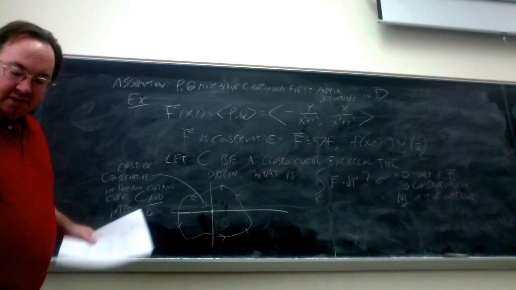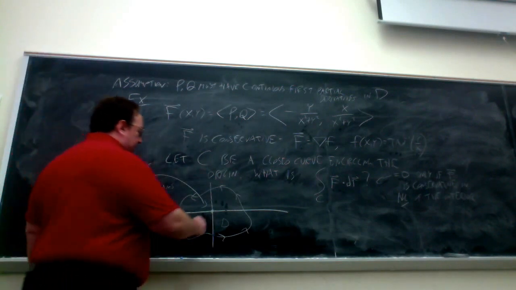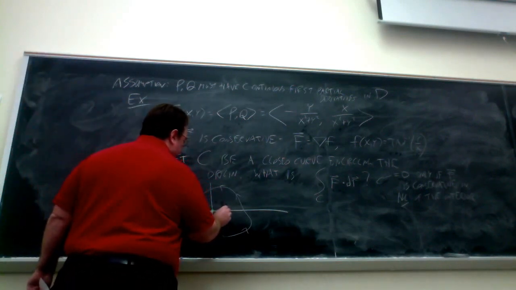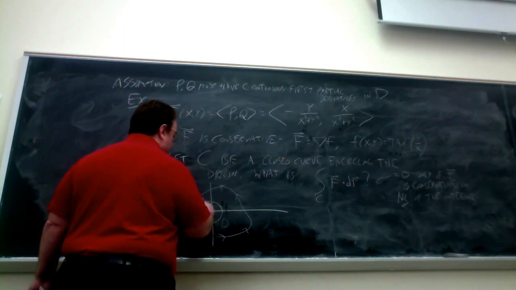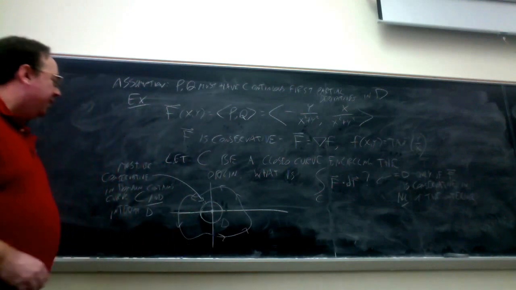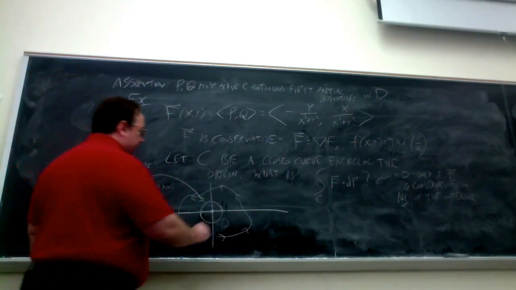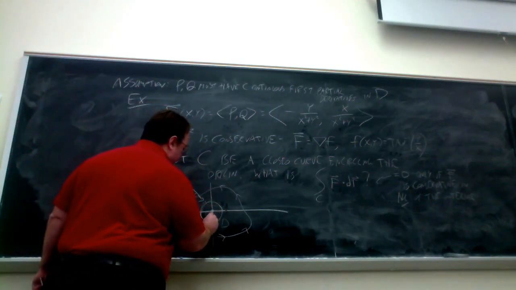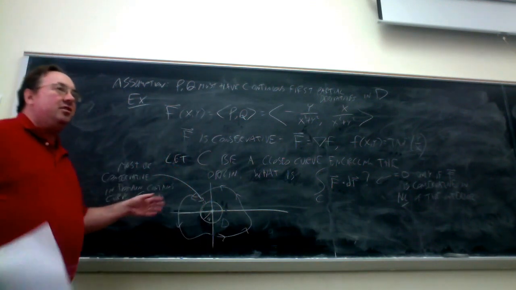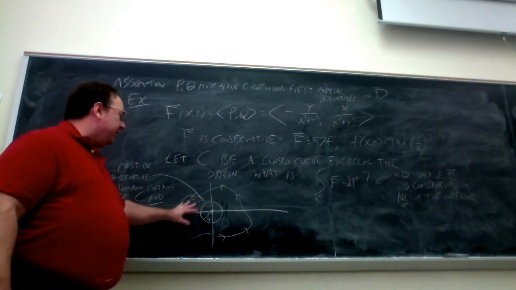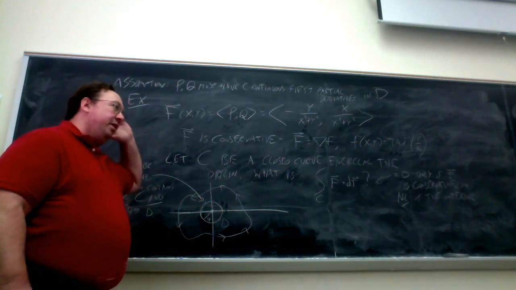All right. I don't know if I finished this whole thing, but what I'm going to do is poke a hole in this domain. I'm going to make a circle surrounding the origin. And the circle will have a radius A. I can choose any A, as long as it's small enough so that it fits in the interior.